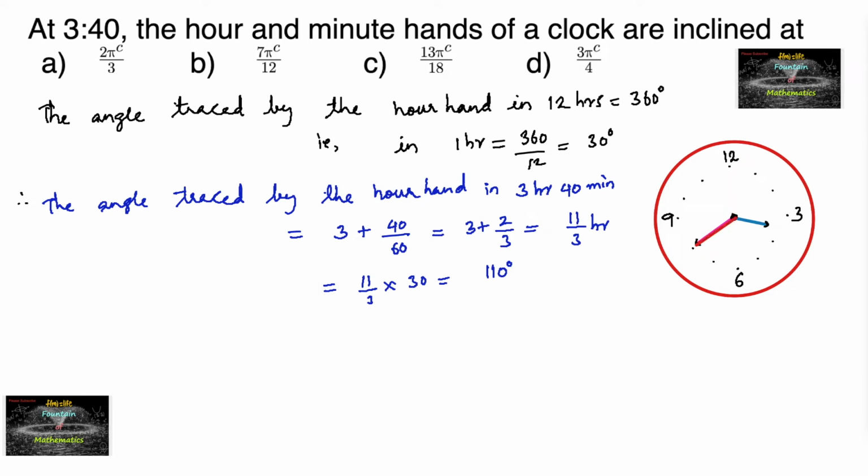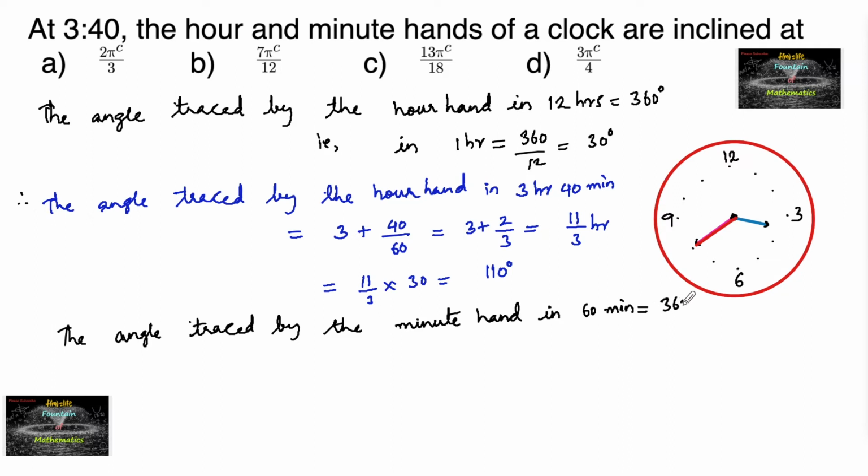So I can write now the angle traced by the minute hand in 60 minutes is equal to 360 degrees. That is, in 1 minute it is 360 by 60, that's 6 degrees.